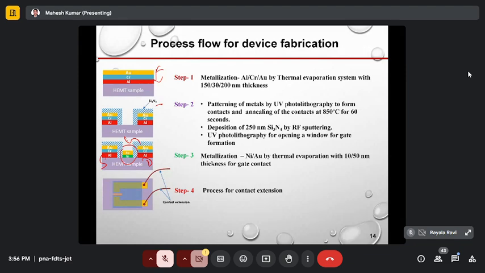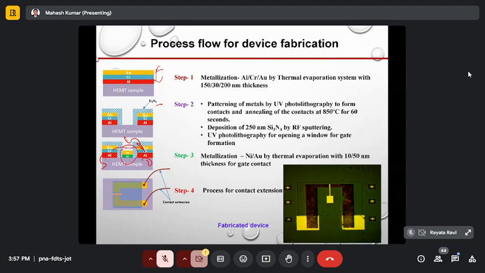Once we have fabricated this, we do the testing. Because we are putting the device inside water, our source and drain should not be shorted. In the metal also we have some conductivity, and sometimes both get shorted, so we isolate them.